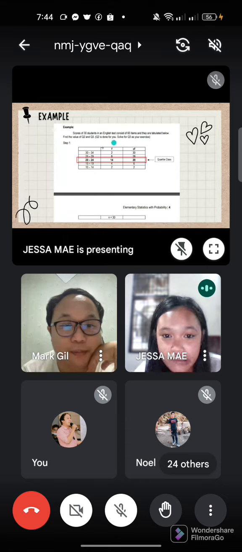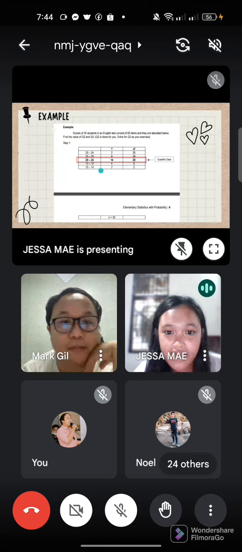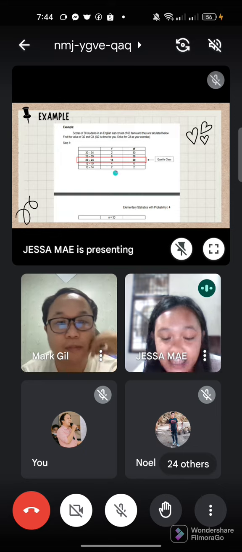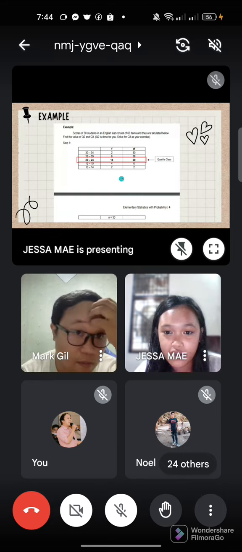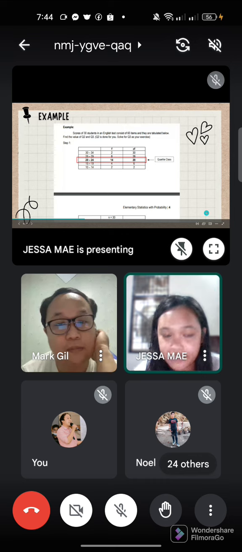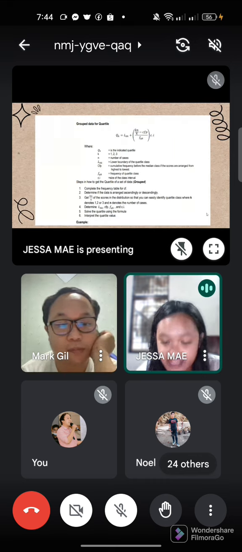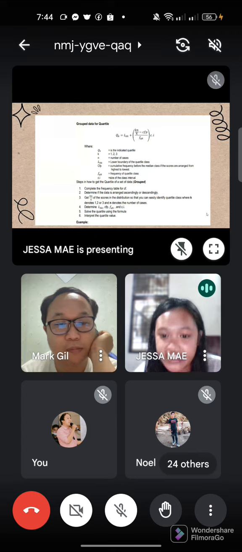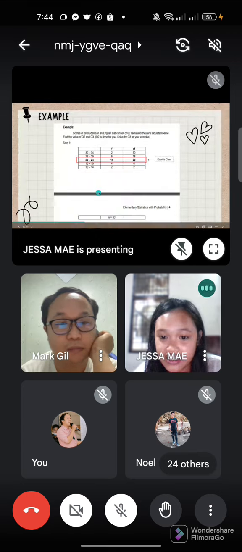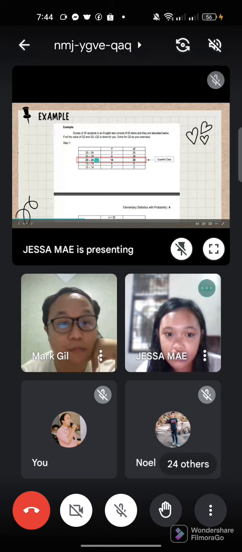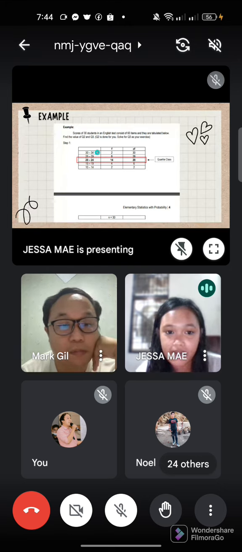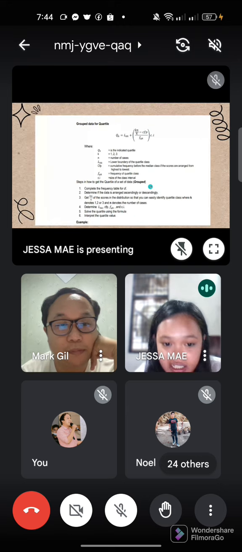We complete the table first. Okay. Given this table, step 2 is determine if the data is arranged ascendingly or descendingly. So we determine first if the data is arranged from lowest to highest or highest to lowest.